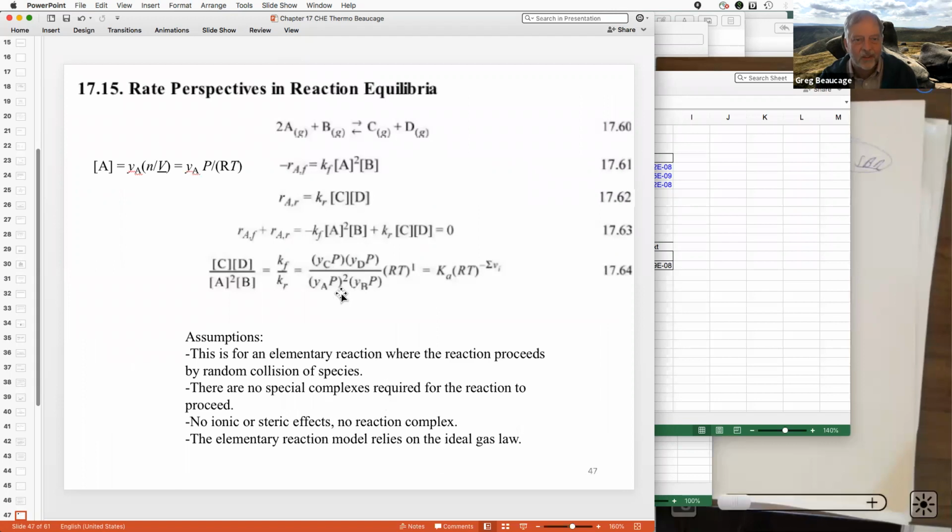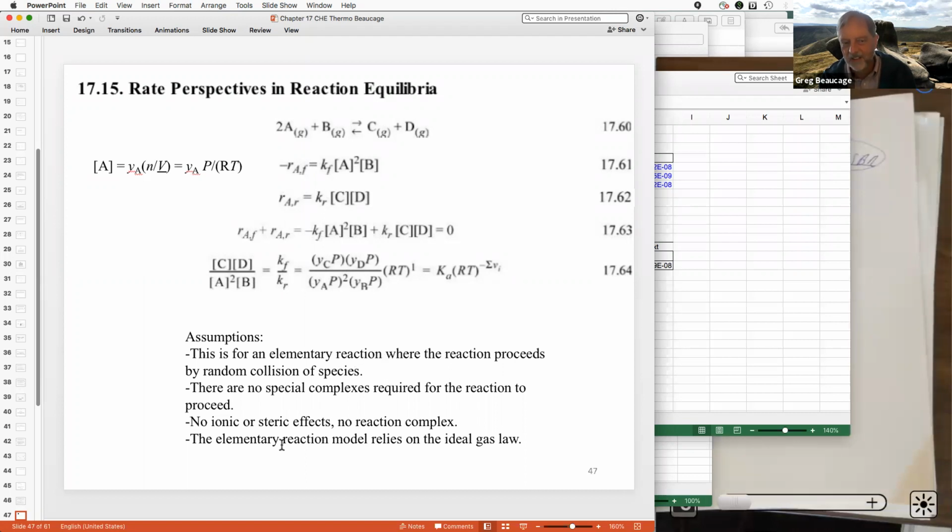This is showing that if you have a special kind of reaction, called an elementary reaction, it means that the particles are just floating around and colliding. There's no coordination of the atoms to make the reaction happen. It's just random collisions. And then you can assume that they're ideal gases.